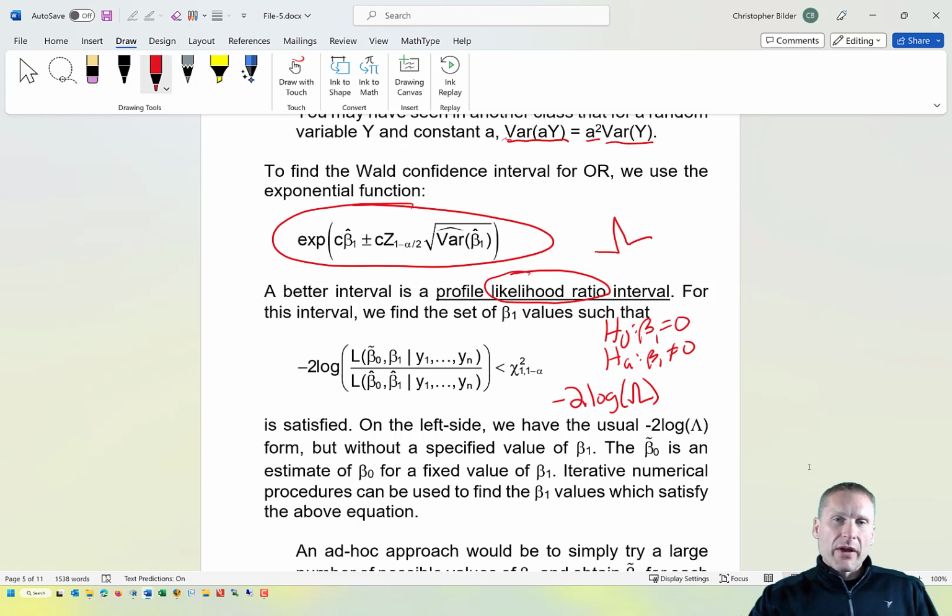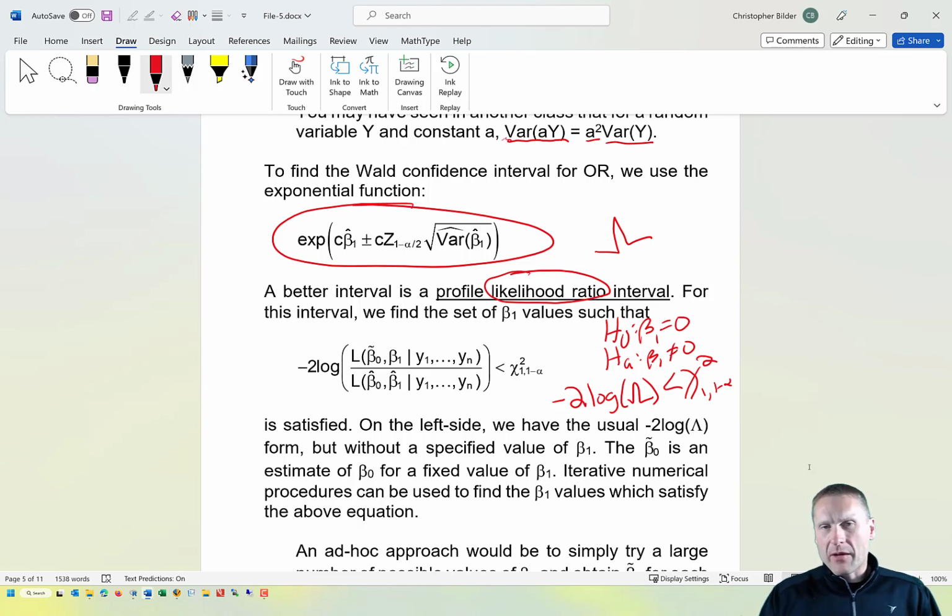And so we can compare this value to a quantile from a chi-square 1 distribution. So we would say do not reject if -2 log lambda, in terms of the actual calculated value, is less than the chi-square 1, 1 minus alpha quantile.